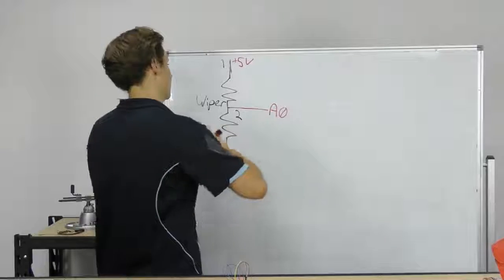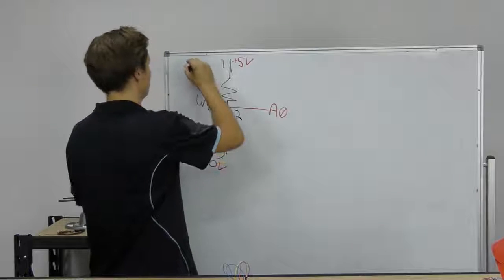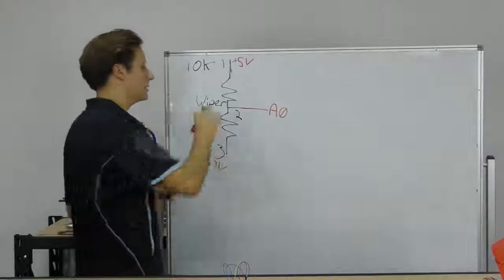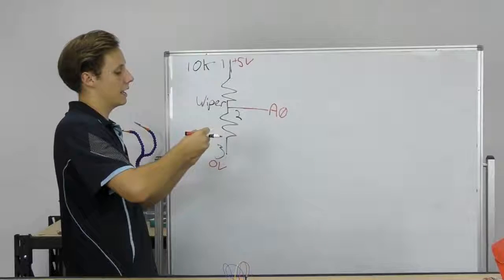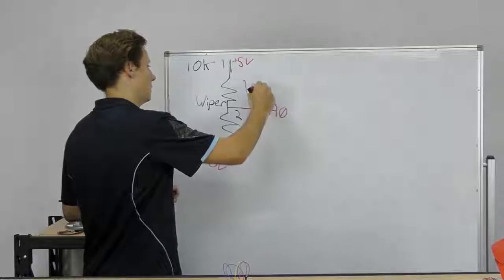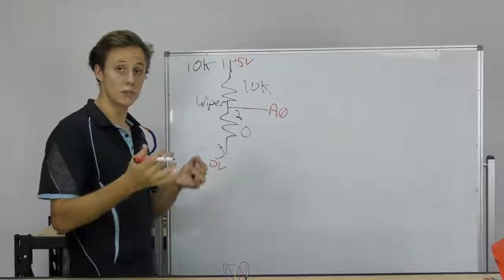So a potentiometer, let's say it's a 10 kilo ohm potentiometer. 10K. Now, that means that when it's turned all the way in one direction, let's say completely counterclockwise, one resistor is going to be 10 kilo ohms and the other one is going to be 0 ohms.